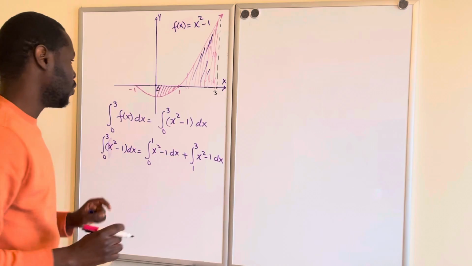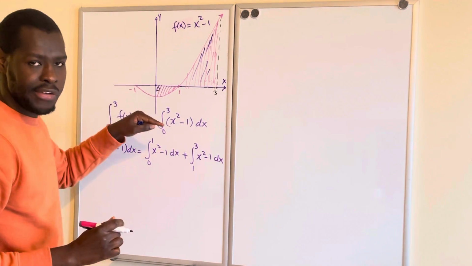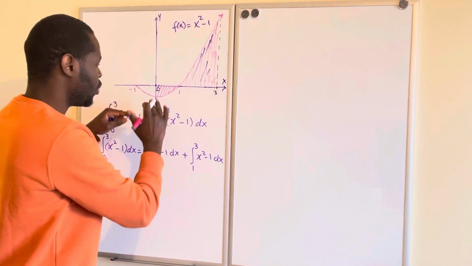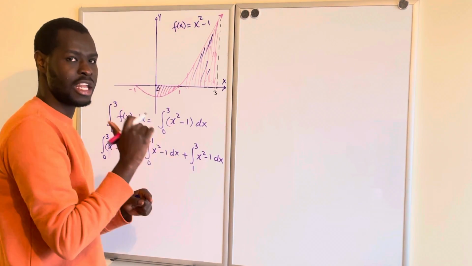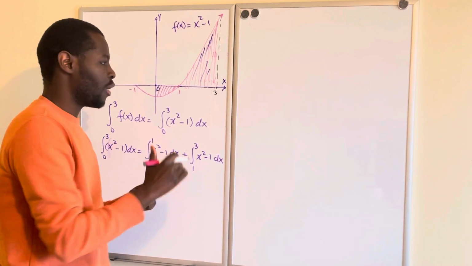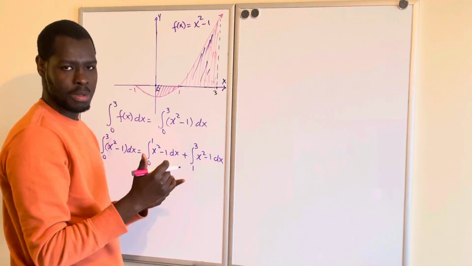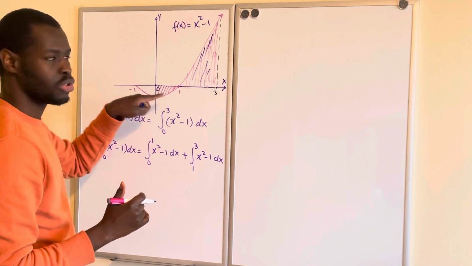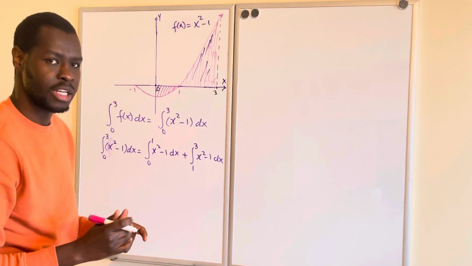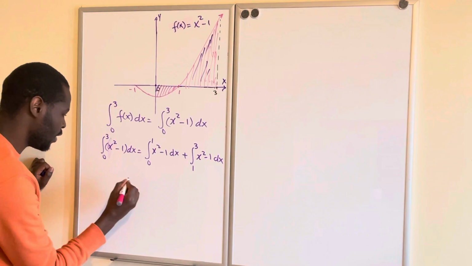One thing to note is that when the area is below the x-axis, that area will always be negative. And when it's above the x-axis, it will always be positive. As we will see, when we take the integral from 0 to 1, we will find the area to be negative. So let's go ahead and evaluate that.